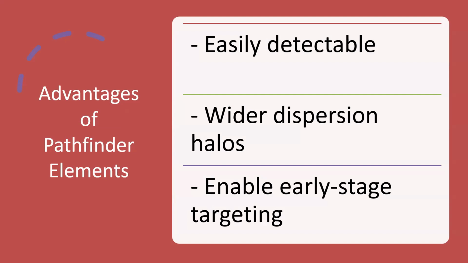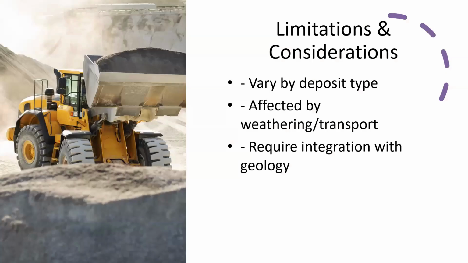They can show you wider dispersion halos, and you definitely use them in the early stage before you start targeting and other ground geophysics work that might be much costlier. So that is the advantage.